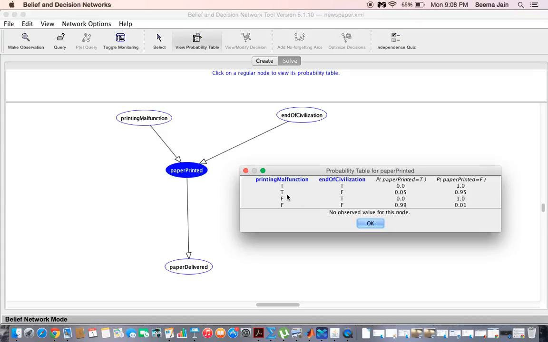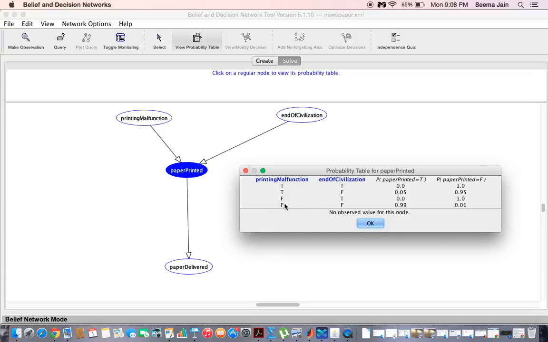However, if the printing malfunction is true and end of civilization is false, we still have a non-zero probability of paper being printed, and that is to account for cases when the printing press has been corrected in time for the next day's paper.